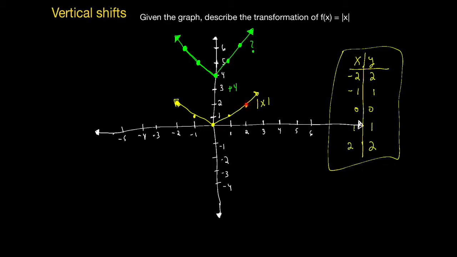If we go up 4 from here, you see 1, 2, 3, and 4. I know it's not to scale, but you can see that 2 plus 4 gave you 6. And right here, you can do the same thing: 1, 2, 3, 4. So we're going up by 4. So this green function is f of x equals the absolute value of x plus 4.